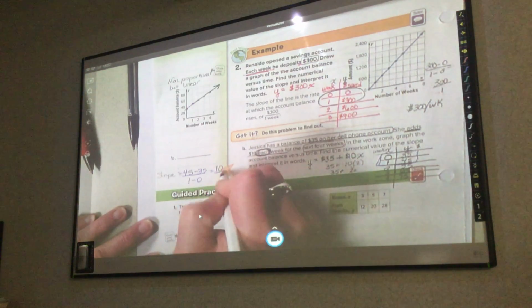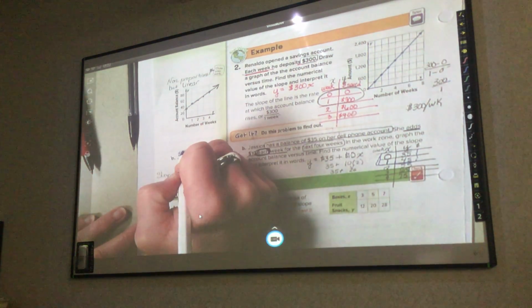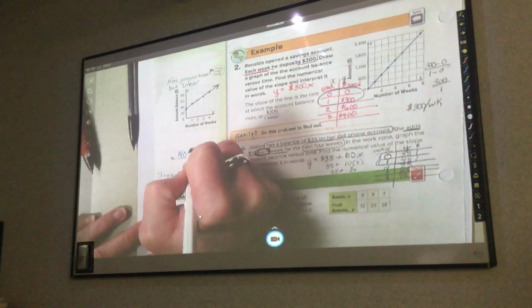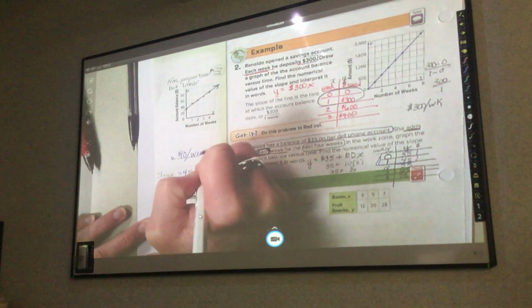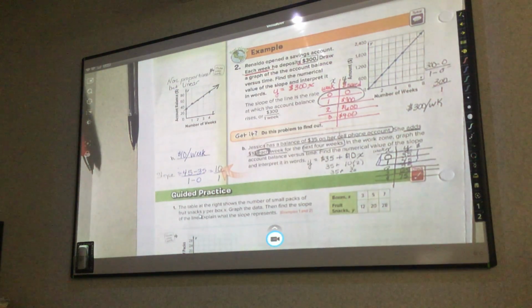So I have 10 over 1. So that means it is $10 per week. That's my linear equation.